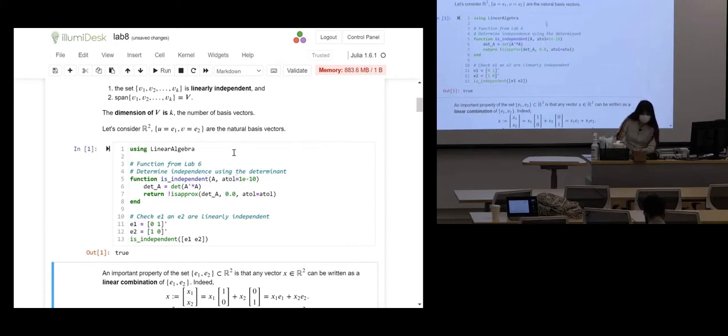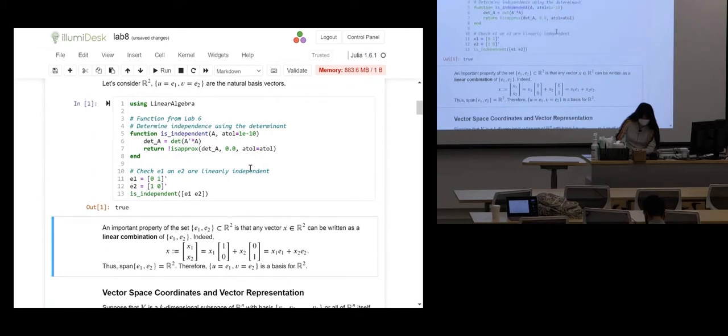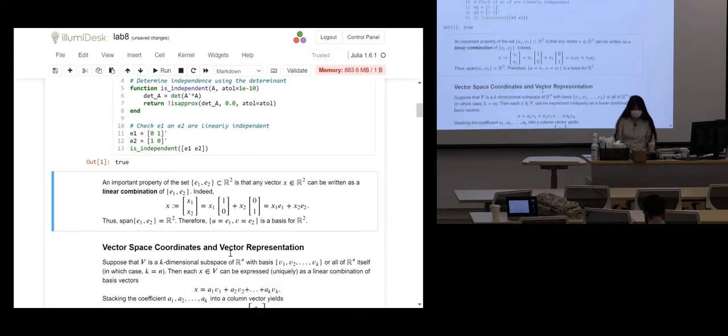And for the second condition, we can see that any vector in this two-dimensional real space can be written as a linear combination of E1 and E2. Because X, defined as X1 and X2, can be expressed as X1 times E1 plus X2 times E2.